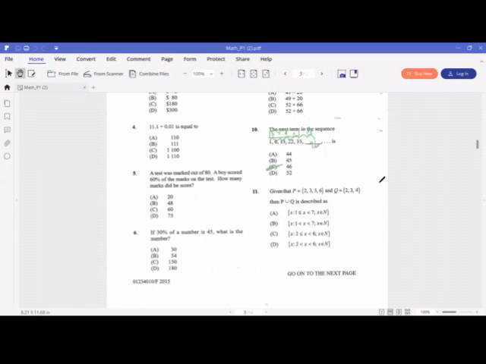It says, given that P is a set of 2, 3, 5, and 6, and Q is a set of 2, 3, and 4, P union Q is the set of, now you realize that this ranges from 2 to 6.